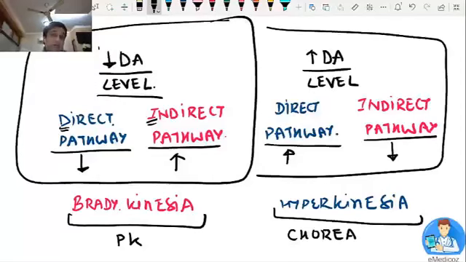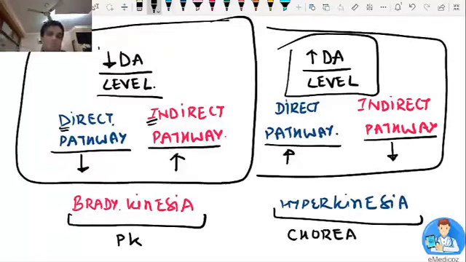If you ever read chorea with us later, you'll always realize the treatment is to decrease the level of dopamine or to give a dopamine receptor blocker. But in Parkinsonism, it's very clear. The level has come down. So either I'll try to increase the level of dopamine by giving dopamine from outside like levodopa, or maybe a receptor stimulator for dopamine. Okay.